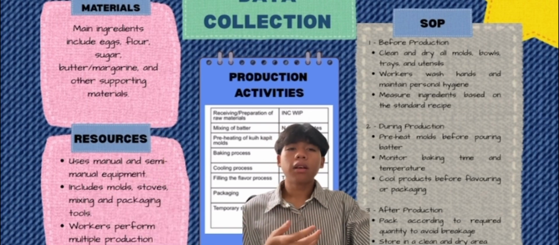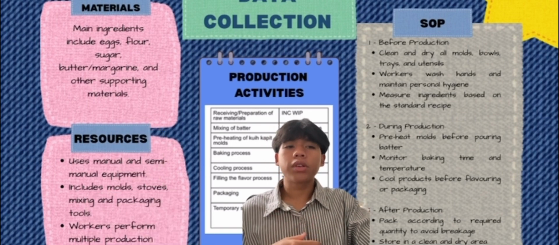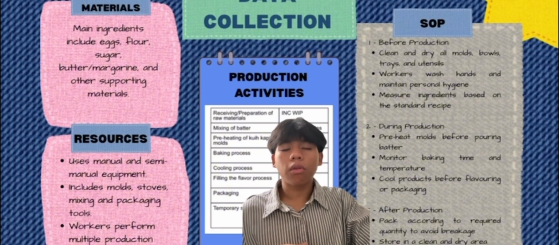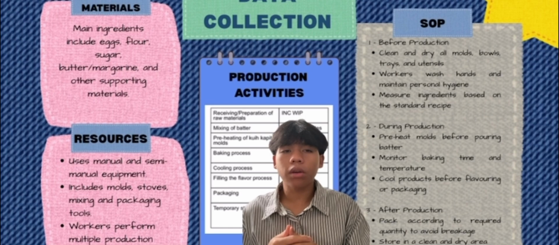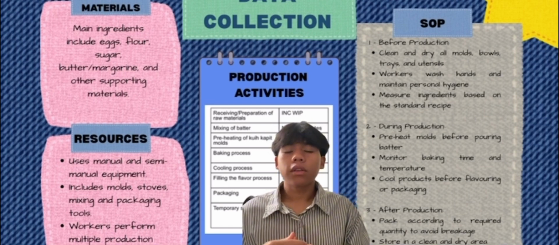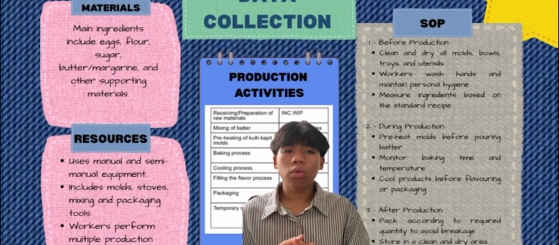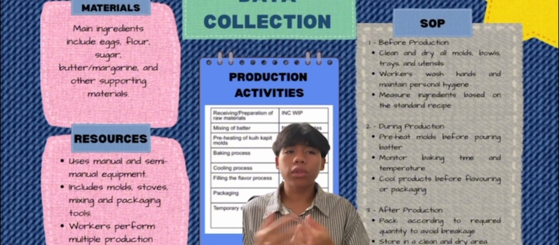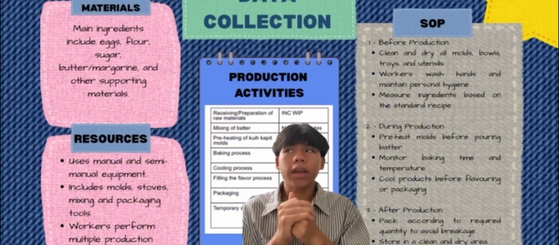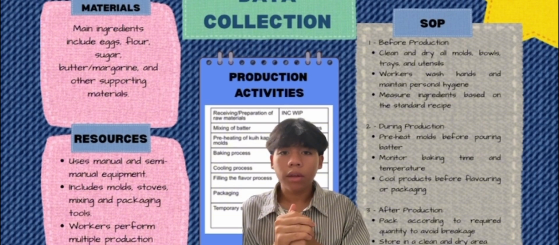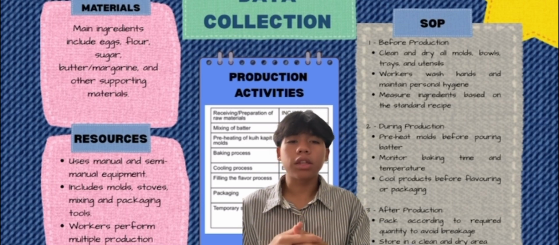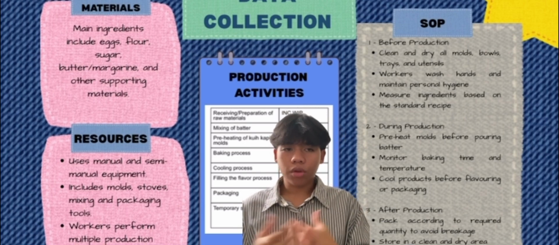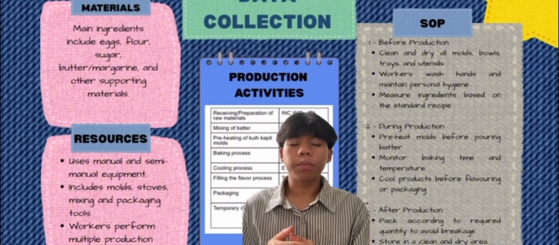Finally, we also collected information about the standard operating procedures, which is the SOP of the production. Before production, all molds, bowls, trays, and utensils must be clean and dry. Workers must wash their hands to maintain personal hygiene. Ingredients are measured according to the standard recipe.